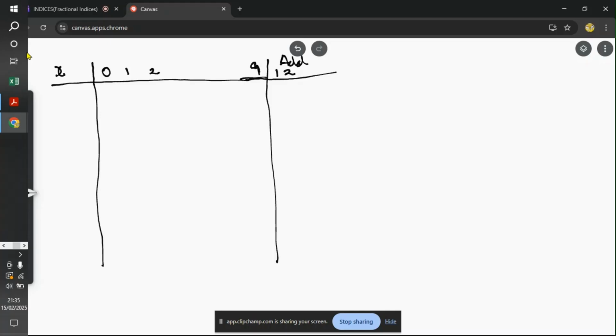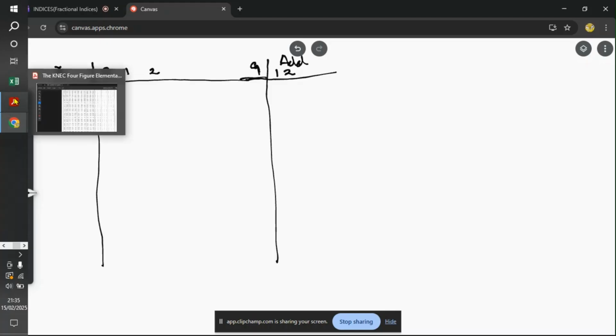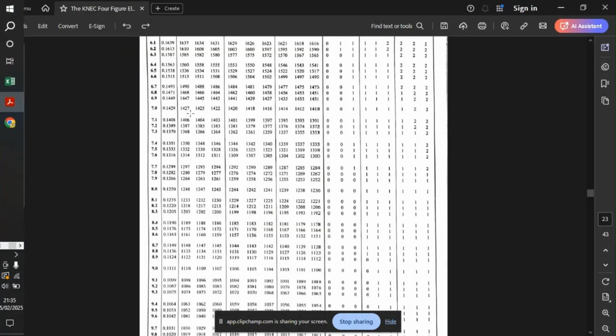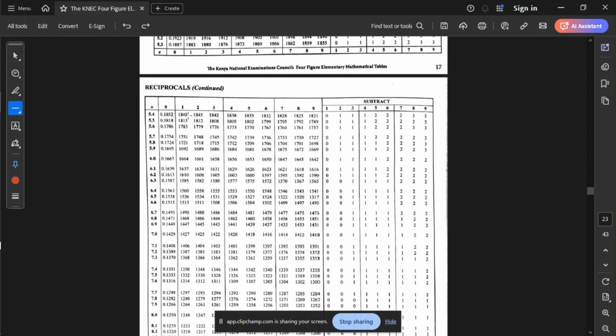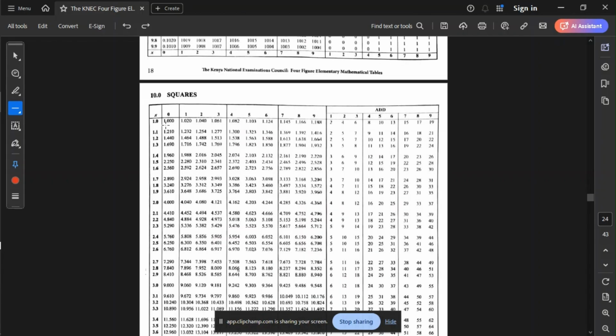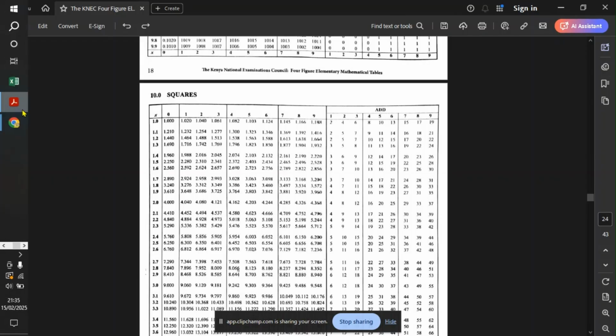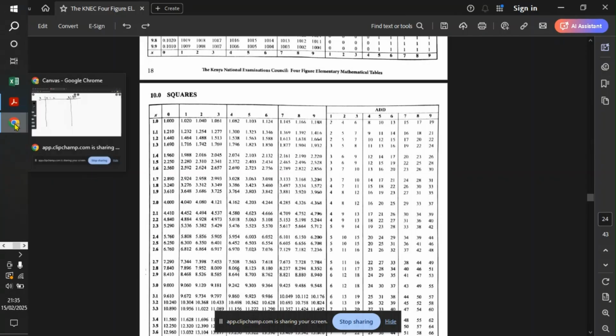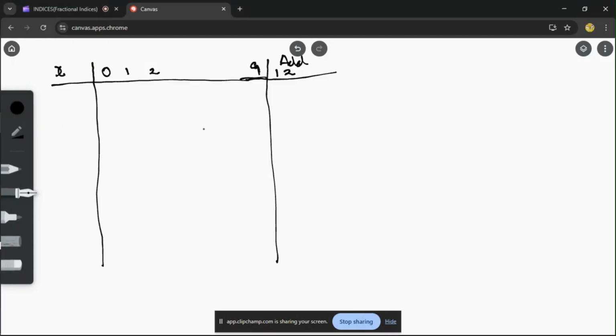Now, when I want to use these tables to get our 3 squared, I will come to this column of X. This is what I am checking, the column of X, and I check what I need there.